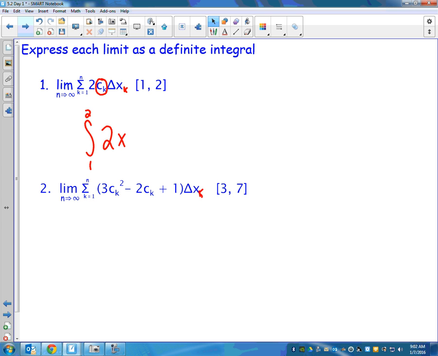And then your change of x sub k is just dx. And that's an integral. That's the answer. We're not evaluating it, just changing the notation. So try the second. That's the whole function: 3c sub k squared minus 2c sub k.